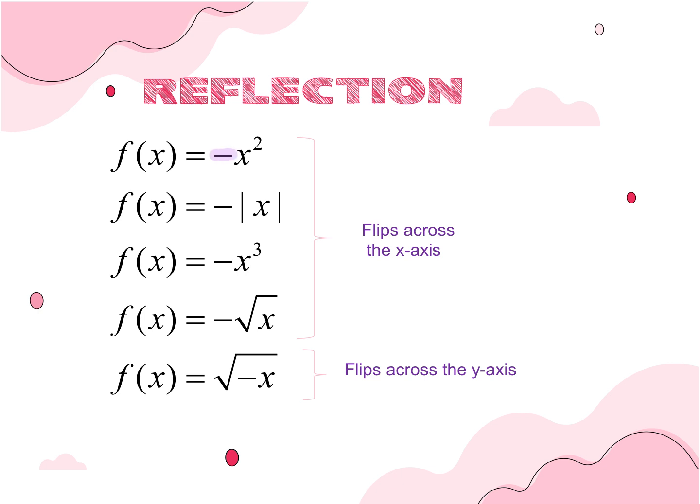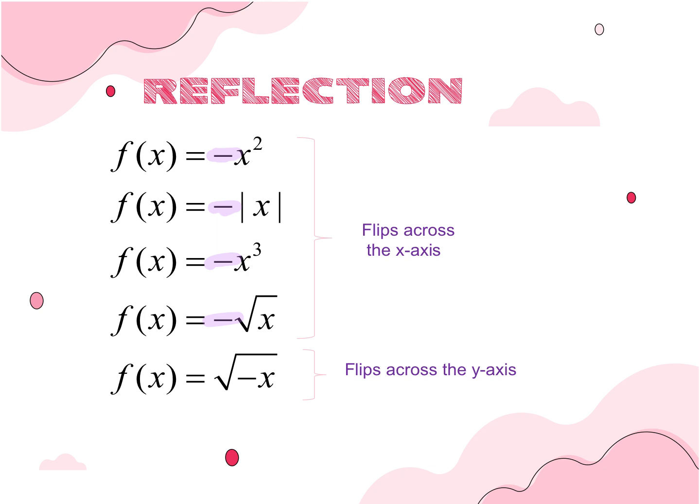In this case, it's in front of your variable, but it's also by itself. What do I mean when I say by itself? If you're looking at the first one, there is no parentheses. My negative is not inside my parentheses. So that is determining that it's a flip over the x-axis.